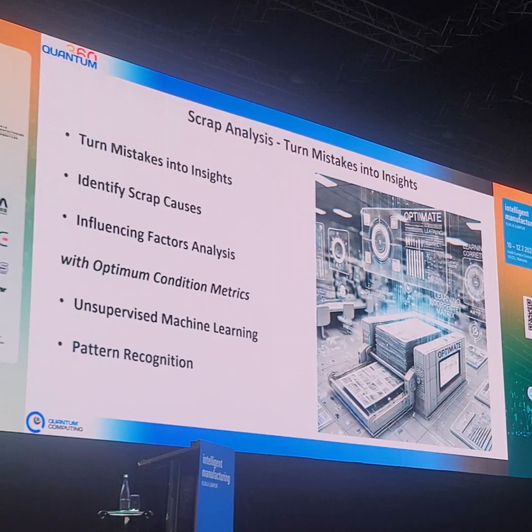This is also called scrap analysis, but basically the cloud analytics learns from the mistake. Every breakdown, remember I said we are monitoring the performance, the runtime, the condition monitoring, and all this data goes in. So it knows the vibration was going high before that breakdown occurred.